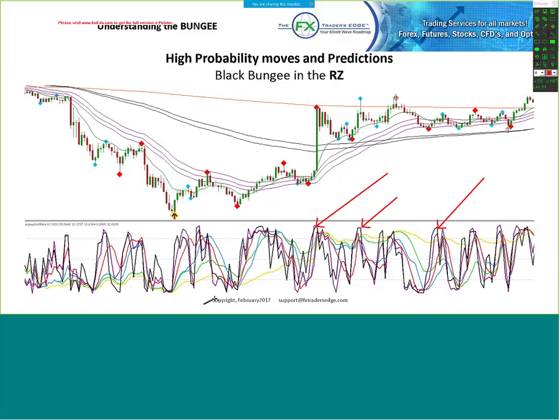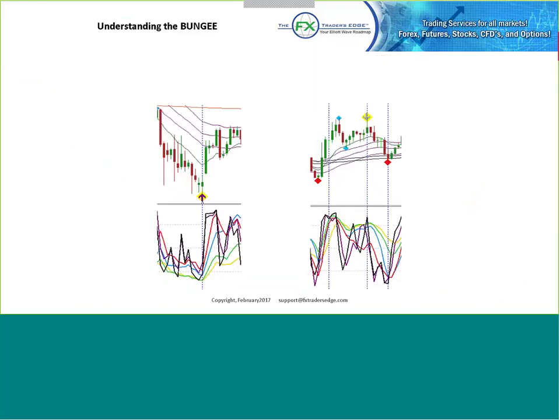Is it sensible to go short there? Or any of these? You don't need to look at price. You know that when the black bungee gets in the reversal zone, it's going to reverse. Okay. Everybody happy with that one? Good.